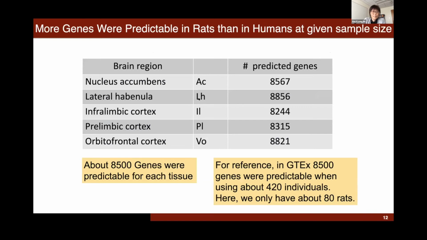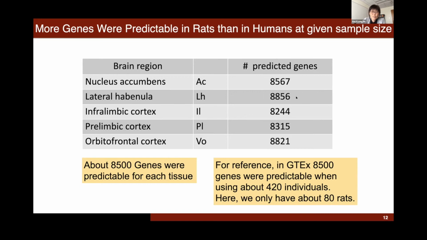So here are some of the results for the 5 different regions of the brain that we used. We were able to generate prediction models for about 8,500 genes. The number of genes that we're able to predict is a sense of how well we can do, because with larger sample sizes, we tend to see more genes that are predicted. In comparison to what we saw in humans, we applied this pipeline to the GTEx data set, to the 49 different tissues available.